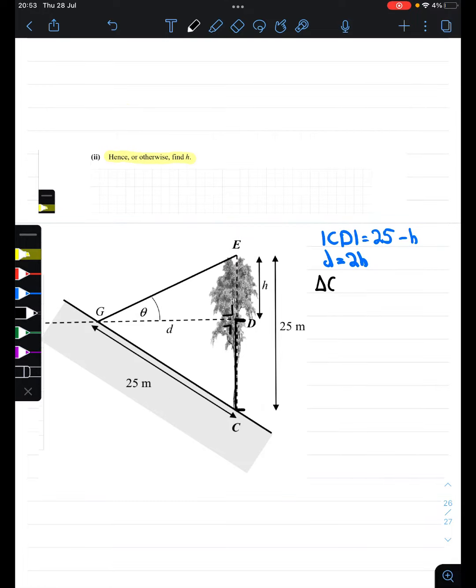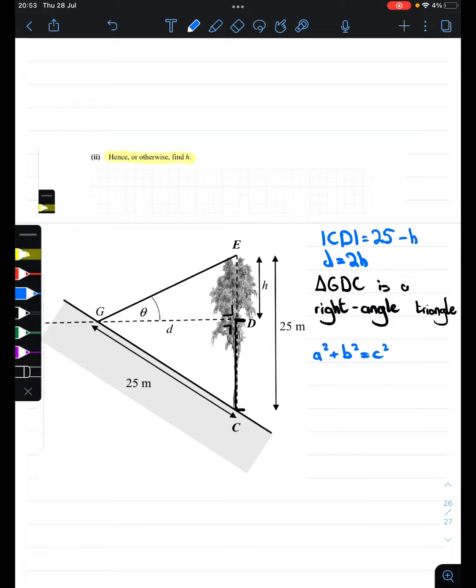We notice that GDC is a right angle triangle. The moment we see a right angle triangle, we immediately think of Pythagoras, a squared plus b squared equals c squared.